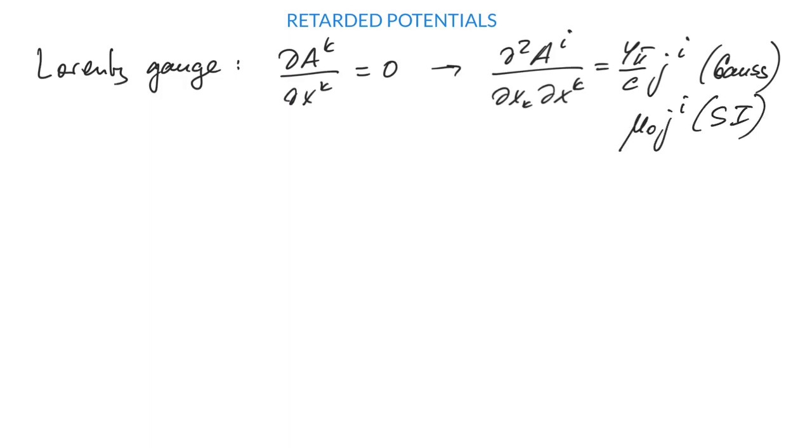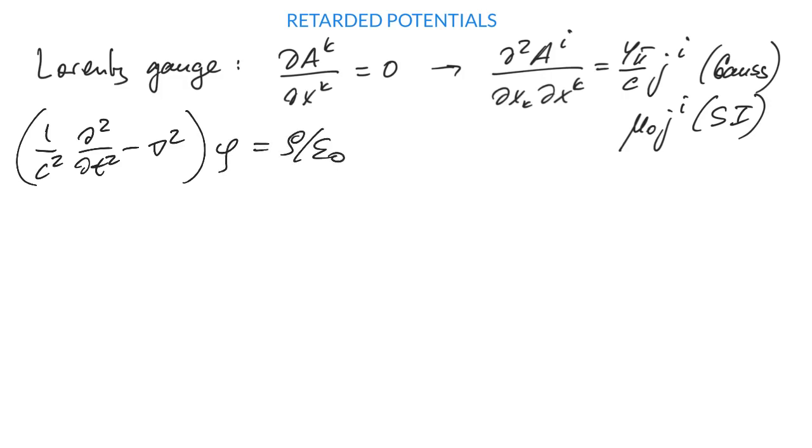If I write this equation in components, sending i from 0 to 3 in the covariant set of indices, we'll find two wave equations, one for phi and one for A. So they all look similar. For phi, the right-hand side is rho over epsilon naught in SI units, and the same operator acting on A has the source mu naught j on the right-hand side.